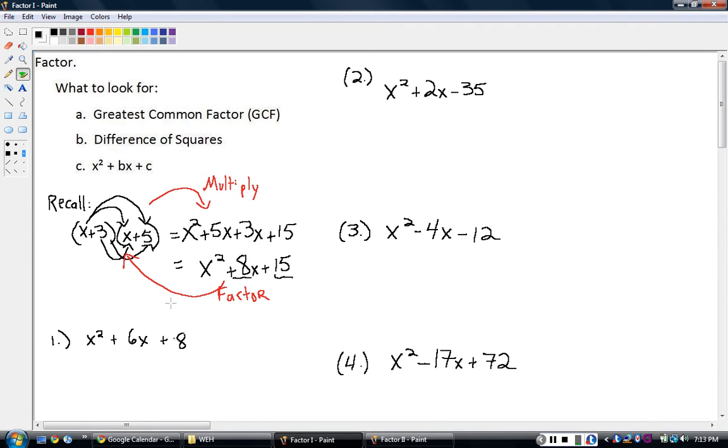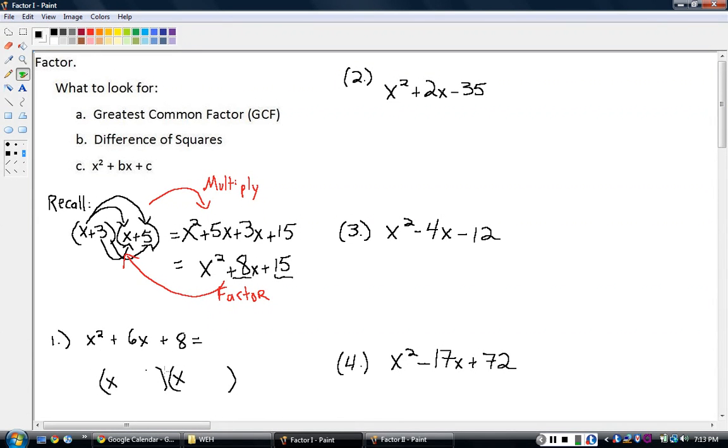So let's look at this first example. If this factors, and not all of them factor, by the way, some of them don't, and we'll see an example like that, what we need is two numbers that multiply together to give you 8 and add together to give you 6. If it works out like the last one, if I do the opposite of FOIL, I need x and x. That would give me this x squared.